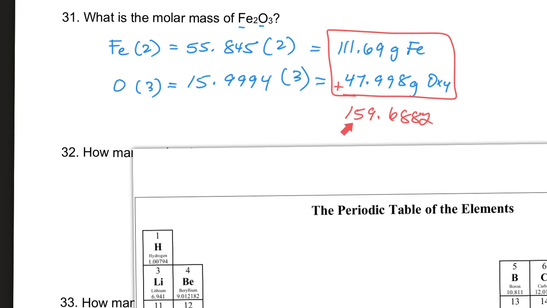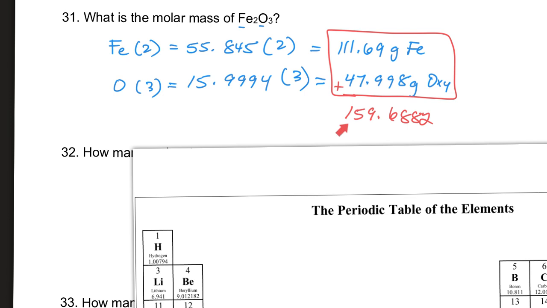So I could put 159 as my number. But remember here, the 6 is greater than 5, so I could report 160. If you're not sure, maybe just the 3 and maybe a digit afterwards, since there was no real significant number provided in the original problem. So we're not entirely sure how many to report, but whenever in doubt, like in this particular case, you want to go ahead and report at least 3.